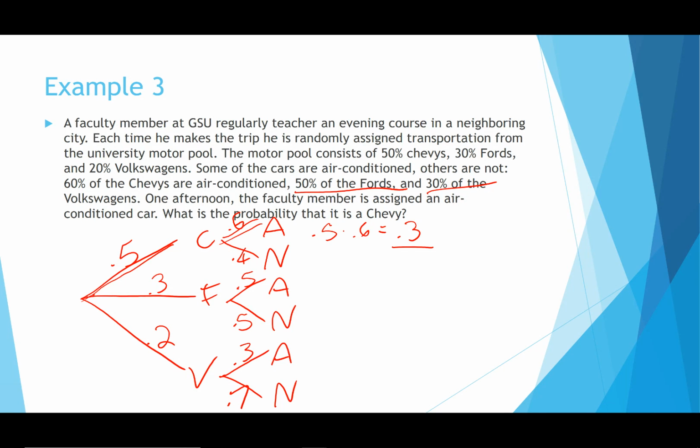The probability it's a Chevy that's not AC'd is 0.5 times 0.4, which equals 0.2. The probability we have a Ford that has air conditioning is 0.3 times 0.5, which is 0.15. And the probability we have a Ford that is not AC'd is 0.3 times 0.5, which is also 0.15.